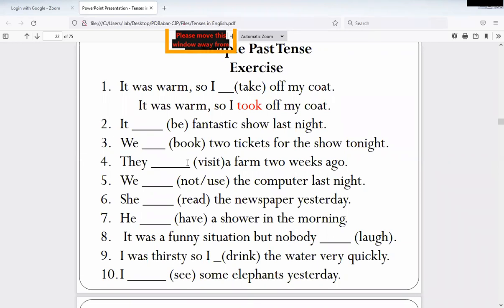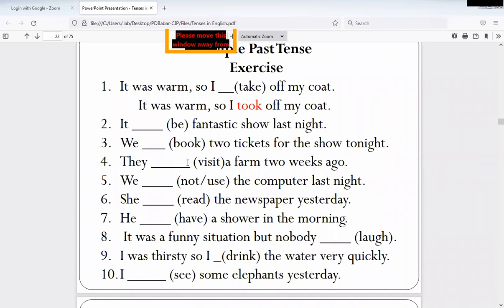Okay, so that book is not a book which we are reading. This is the verb. Book is the verb, and book is also a noun, that is the book which we read. We have the habit to read books. Here we are taking it as a verb.